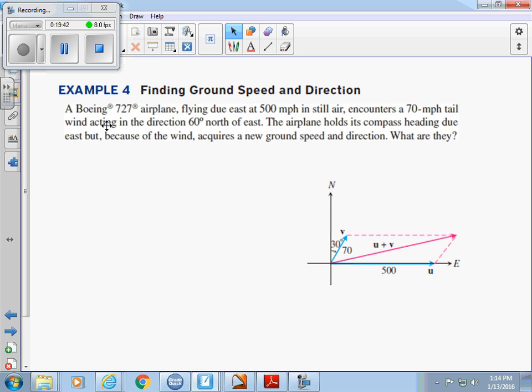Yes, so from east, 60 degrees north of east. So it's this way. And so that's why they have the 30-degree angle drawn there, because it's 60 degrees north of east. That's a really weird way to describe that, but okay.